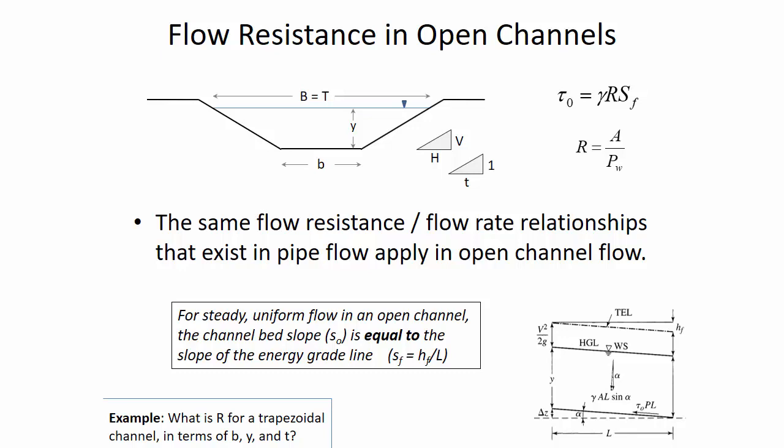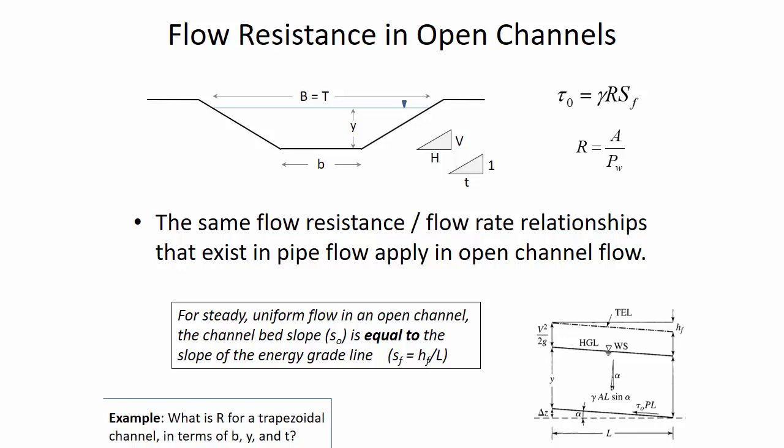And so the area of flow is b times y, the area of the rectangle in the middle, plus y times ty. So the depth, and then this distance is t times y.